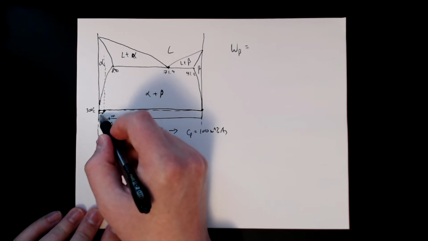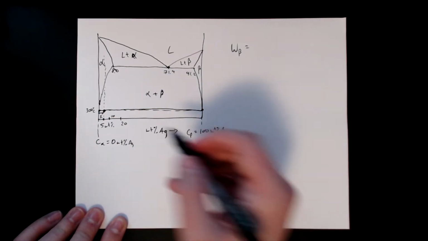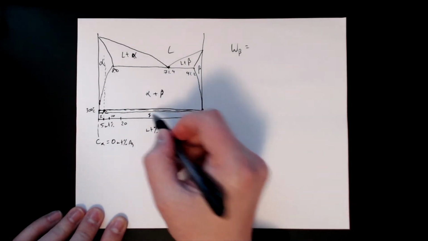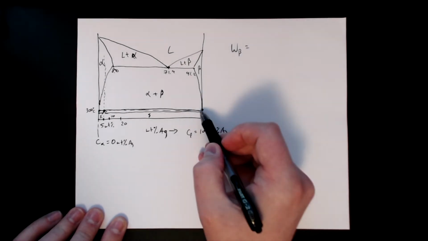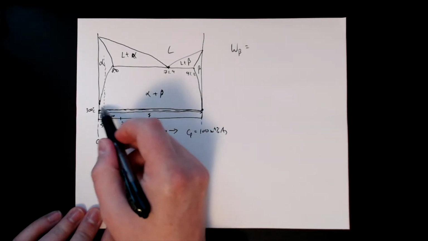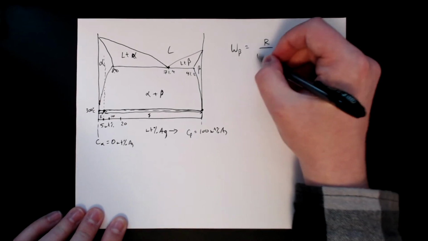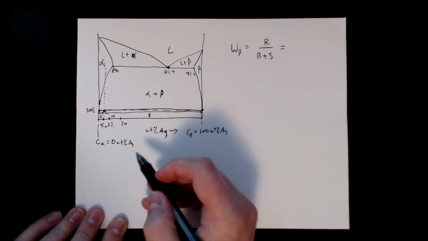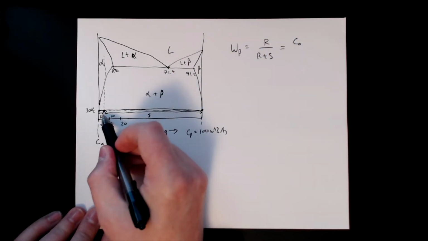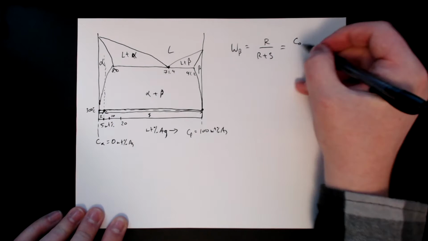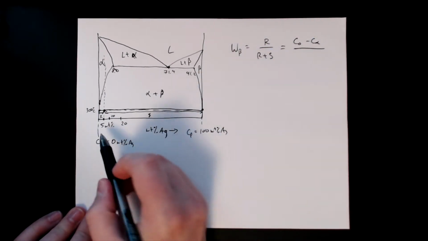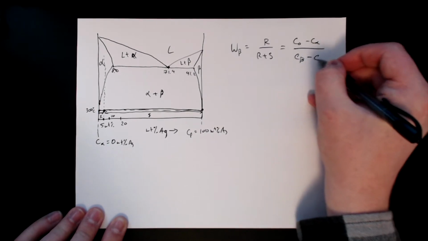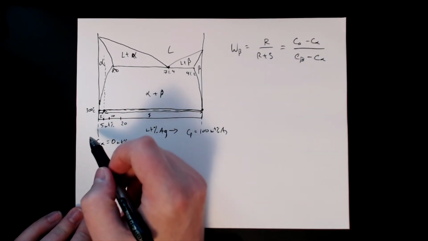And to use the previous terminology, we call that length R. And then this much larger length was what we called S. So the weight fraction of beta, again, beta is the phase over here, so it's the opposite length, so R over R plus S. And so to convert that into the compositions, that would be C naught minus C alpha, over the total length, which is C beta minus C alpha, right?